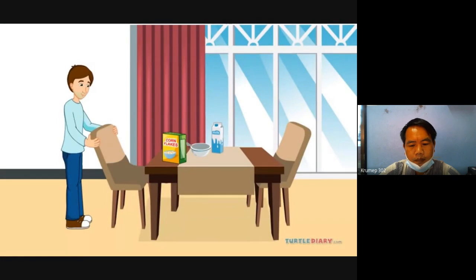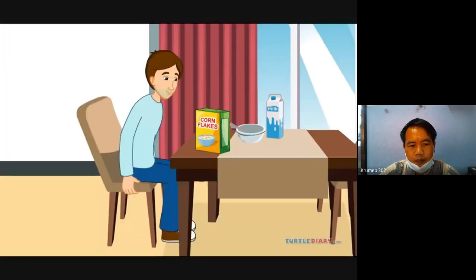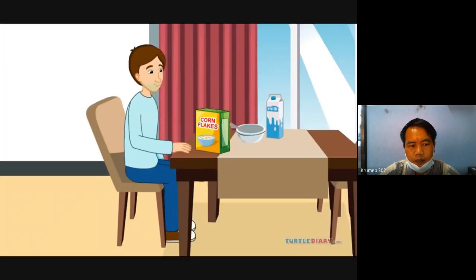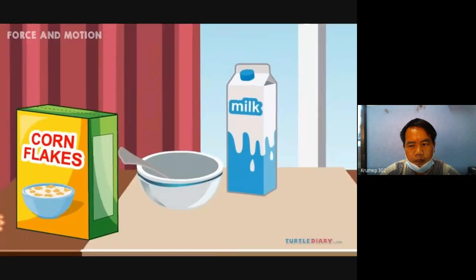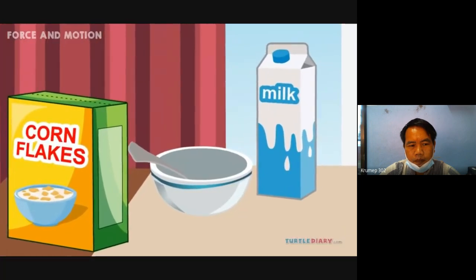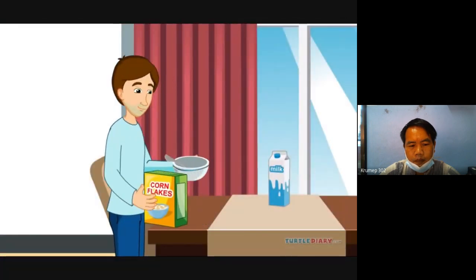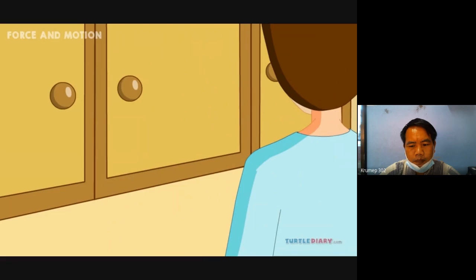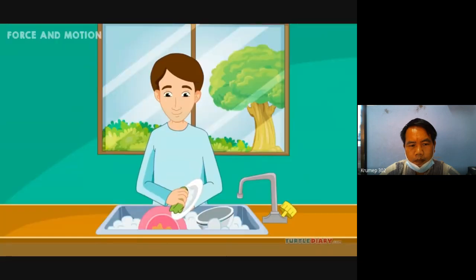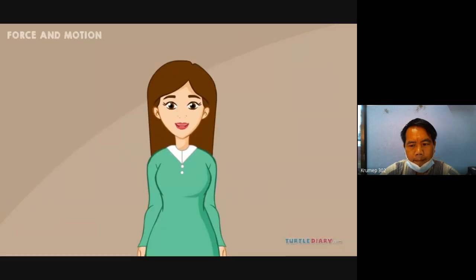He pulls the chair back to sit down and pulls it back in under the table. His teeth push and pull the food. When he's done eating, he pulls up all the food items on the table and pushes them back in the cabinet or fridge. He pushes a washcloth across the dishes to clean them. That's a lot of pushes and pulls.